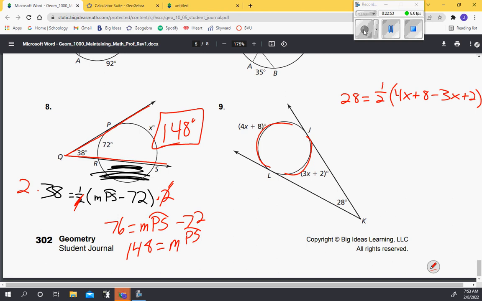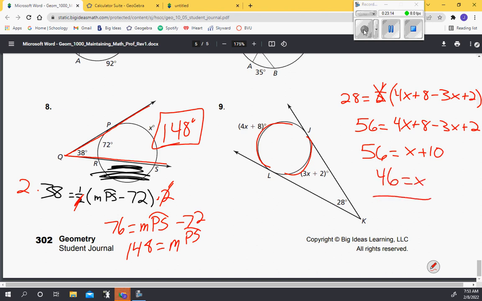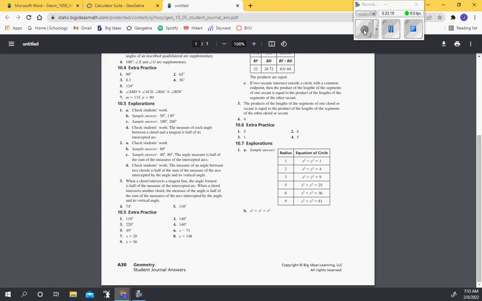I'm just going to multiply by 2 on both sides to get 56. And then it gets rid of this fraction, right? So we have 4x plus 8 minus 3x plus 2. If you combine like terms, you get x plus 10, subtract 10, you get 46. Quick double check of my work.